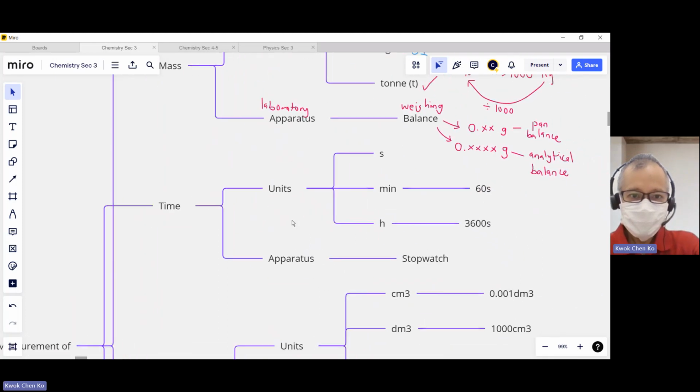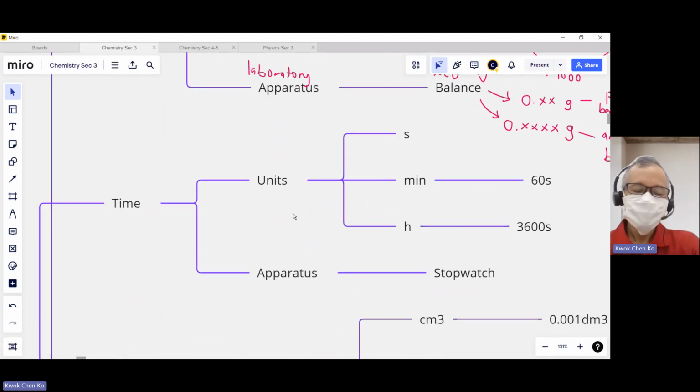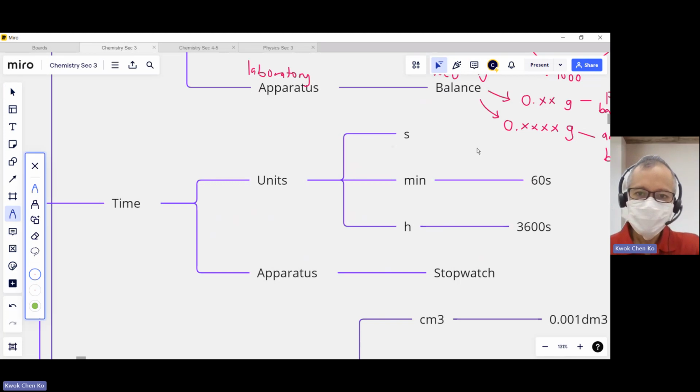Time is another important factor in chemistry. Now, of course, you're supposed to know the 3 basic units: second, minutes, and hours. So I do not think I need to elaborate. All right, so make sure you realize that 1 minute is 60 seconds. 1 hour, of course, is 60 minutes.